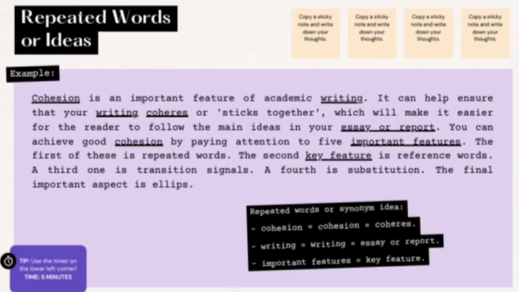The first of these is repeated words. The second key feature is reference word. A third one is transition signals. A fourth is substitution. The final important aspect is ellipsis. Repeat words or synonym ideas.